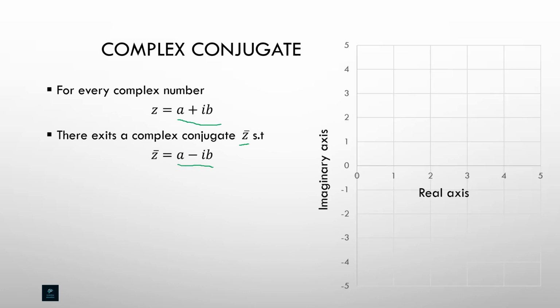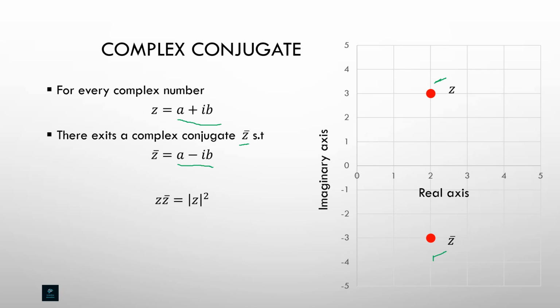In the complex plane, if the complex number is located here, its complex conjugate is located here, which is the mirrored value of the complex number across the real axis.